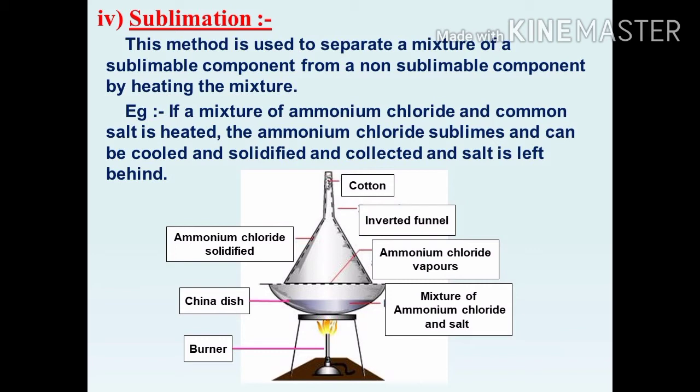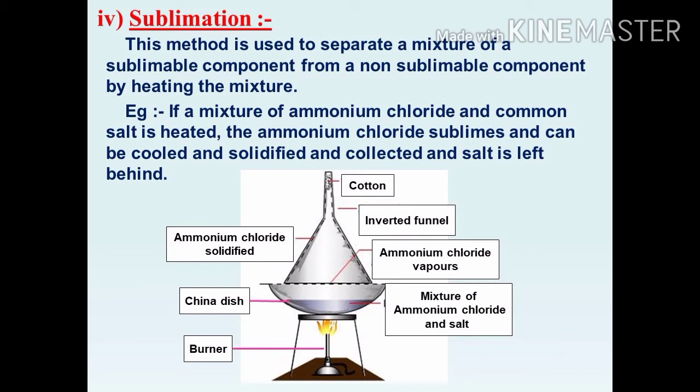The conversion of solid directly into gas without changing into the liquid is known as sublimation. That is the sublimable component. Example, ammonium chloride and common salt is heated. The ammonium chloride sublimes and can be cooled and solidified and collected, and salt is left behind.